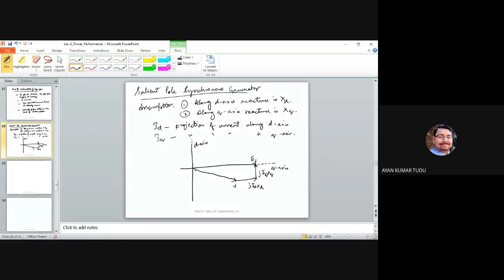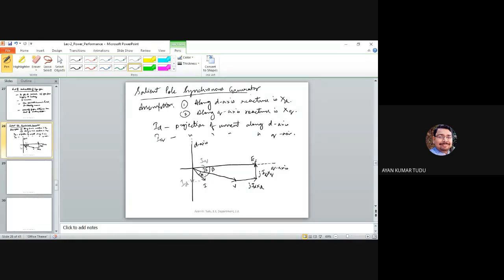Then the current is lagging the voltage. This is I. This angle is theta, this angle is delta, and these two angles together are beta. The current I has its projection along the d-axis, which is Id, and along the q-axis, which is Iq.